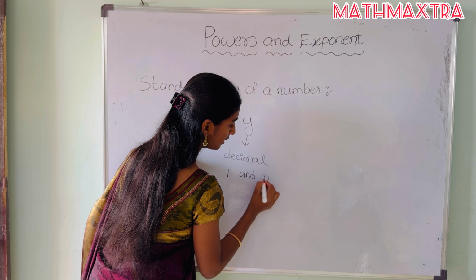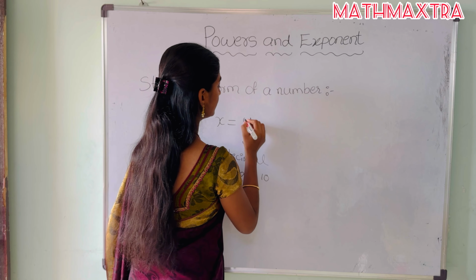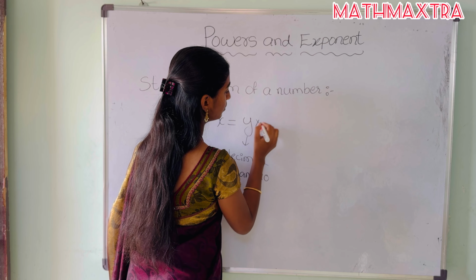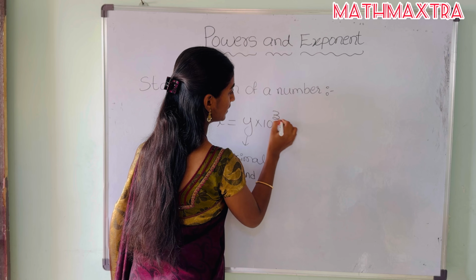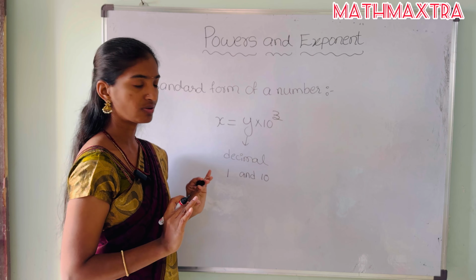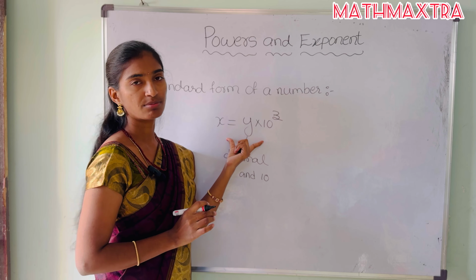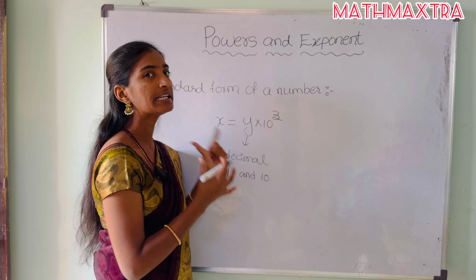It should not be equal to 10, but it is less than 10. And this y into 10 to the power of z. This must be as large as possible. Okay. So if we write a number in this format, then we can say that the number is in the standard form.